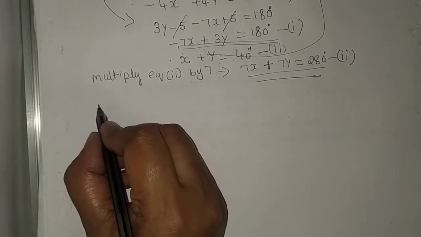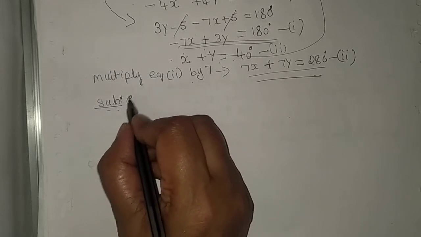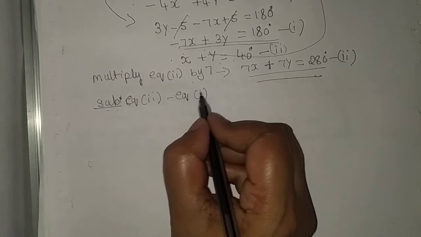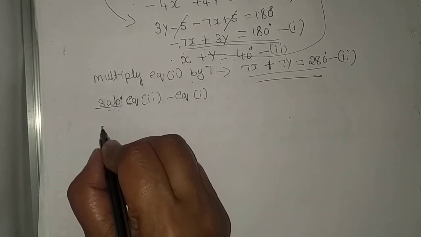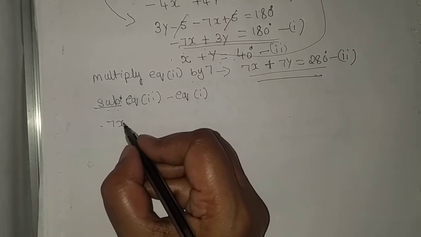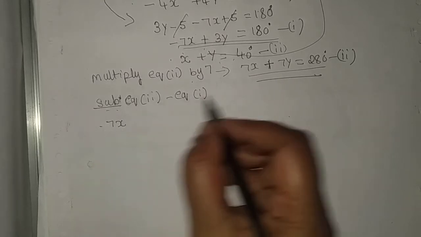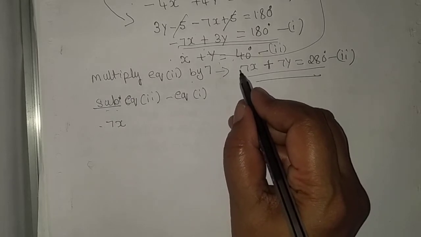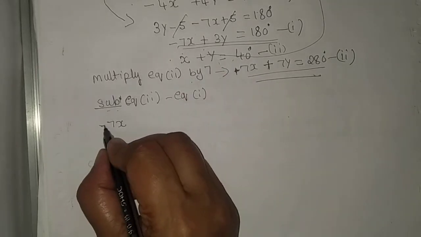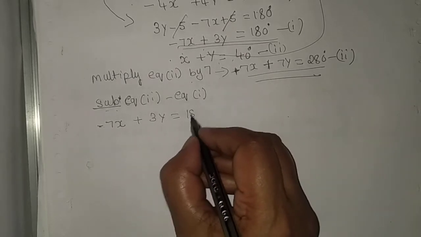Now next step is subtract equation 2 minus equation 1. So we'll see what is equation 2: minus 7x plus 3y is equal to 180.